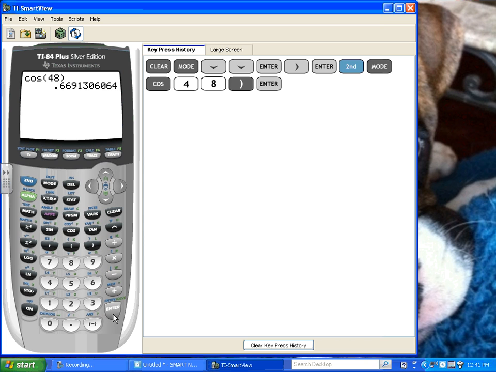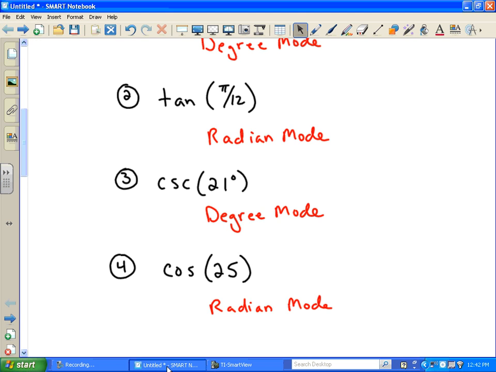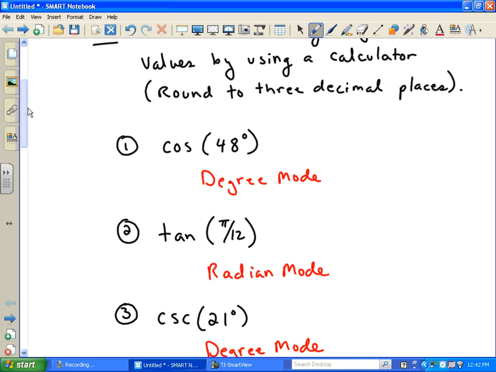I get 0.66913060064. Rounded to 3 decimals, that will be 0.669. So my first example, the value is 0.669.